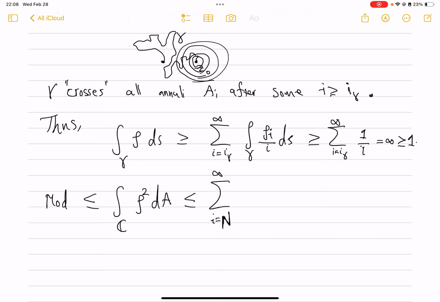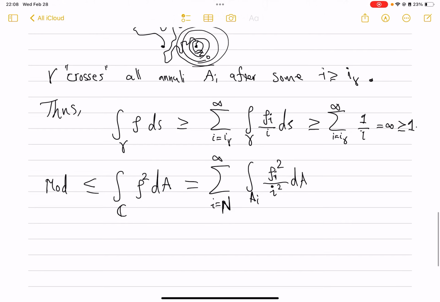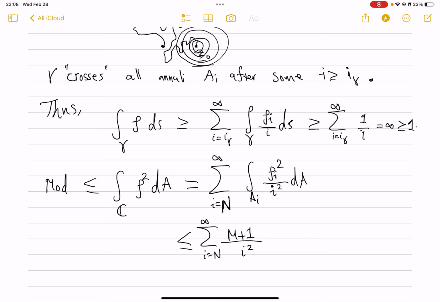Then this will be the integral over A I of rho I to the power 2, times 1 over I to the power 2. It is very important here that the supports were disjoint so that this identity holds. This is not even an inequality, it's just an identity for the area integral. But we have chosen rho I so that the L2 integral is less than m plus 1. So this will be m plus 1 over I to the power 2, and the summation goes from n all the way to infinity.